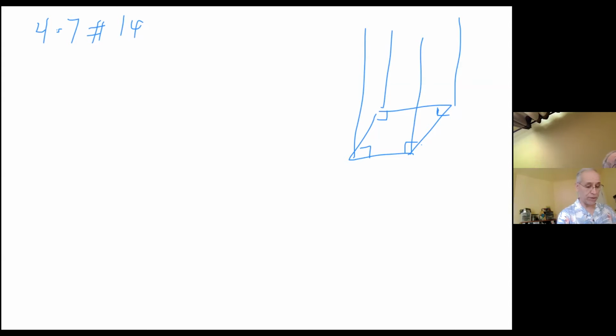This box has a volume of 32,000 centimeters cubed. The problem is saying find the dimensions of the box that minimizes the amount of material used.